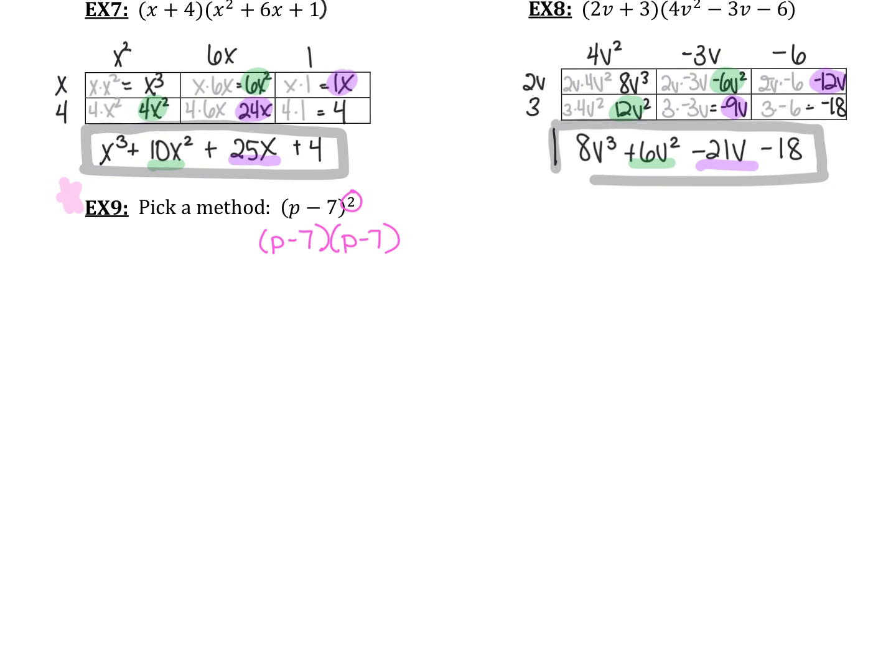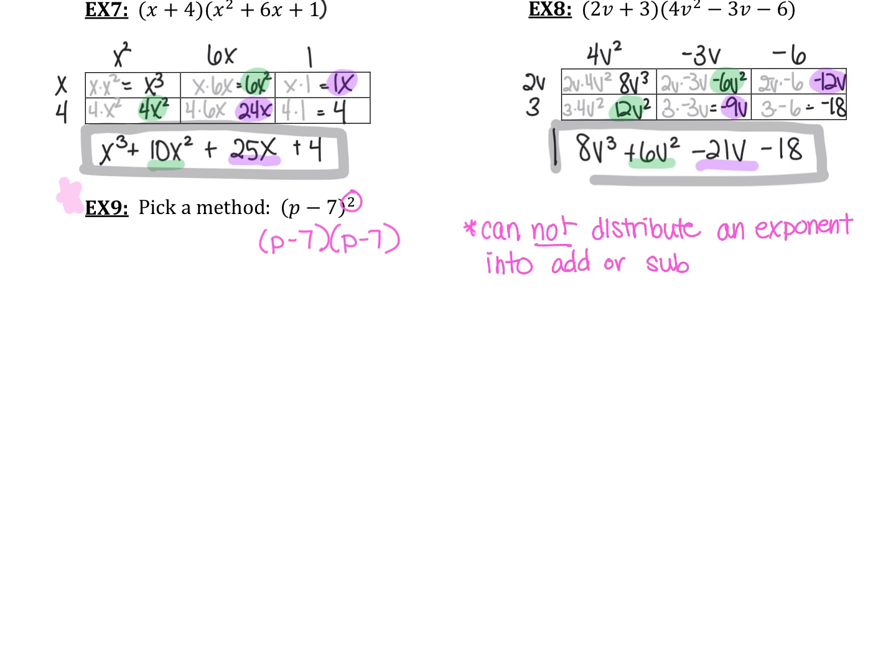I cannot distribute in to addition or subtraction. Let's make a note of this. Cannot distribute an exponent into addition or subtraction.